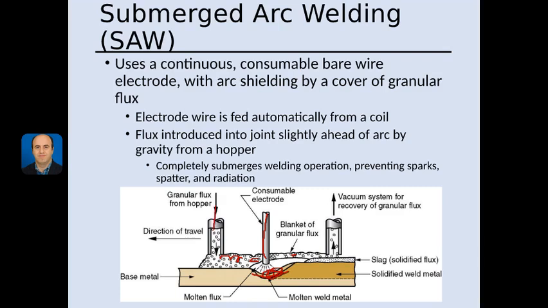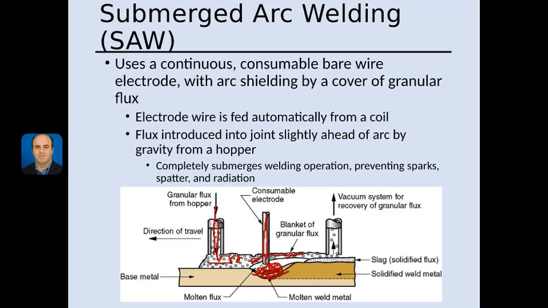So the flux comes first, and then the arc is going to be produced in this area, and so the flux stays on the top, because we have a thick layer of the flux, right? And also this flux protects the weld, as well as it can prevent spatter and sparks, right?